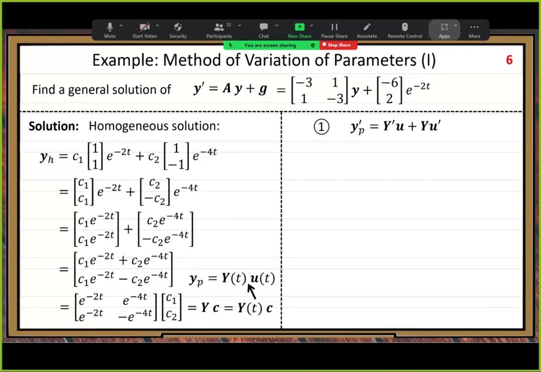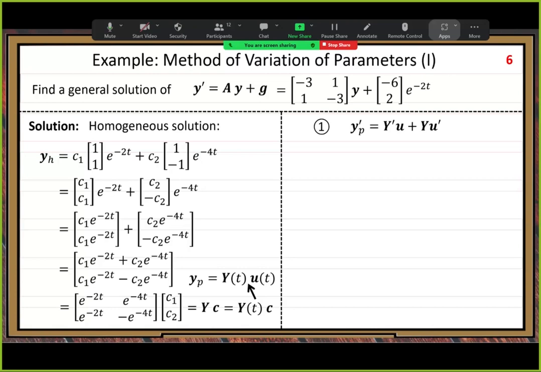All right, so let's take the derivative. The first way, we take the Yp derivative directly from the assumption structure here. It is a product of two parts, one matrix and one vector, a product of a matrix and a vector.